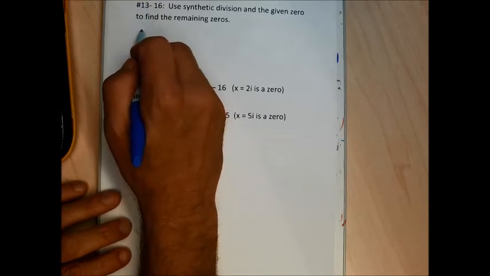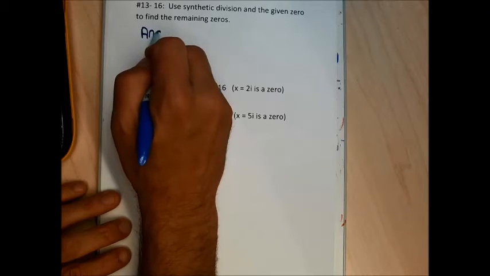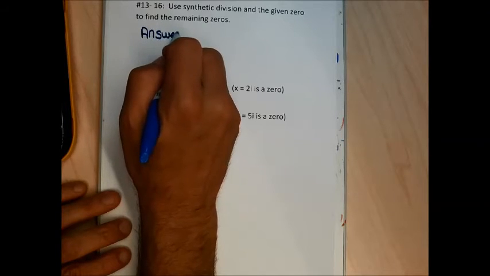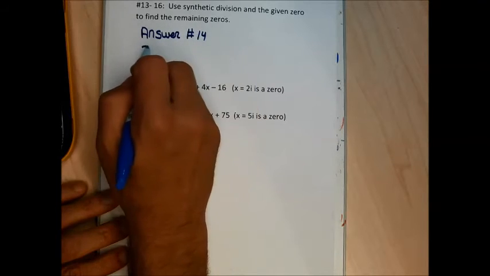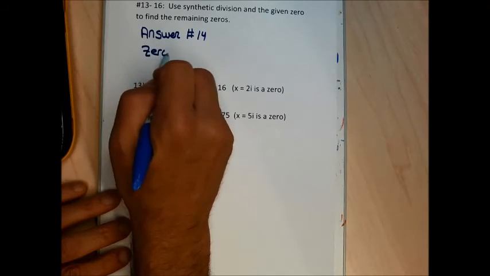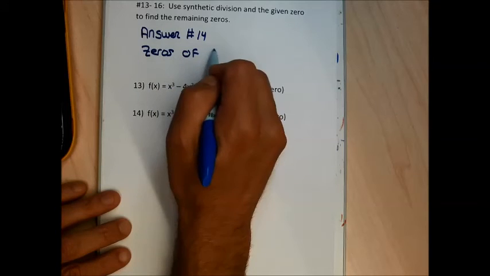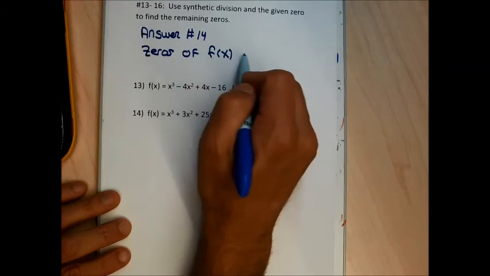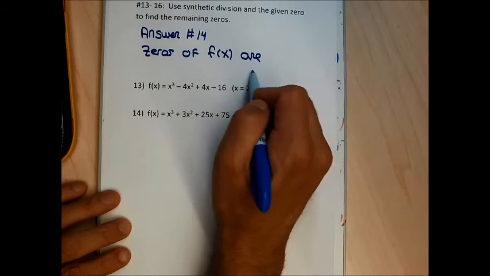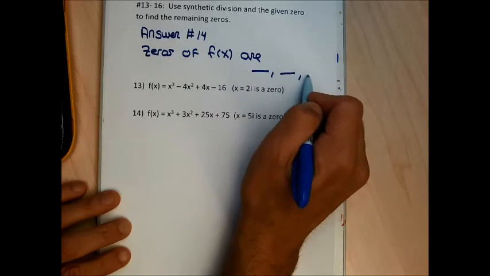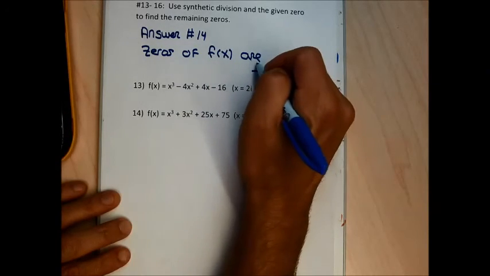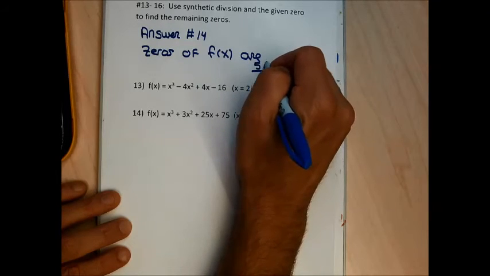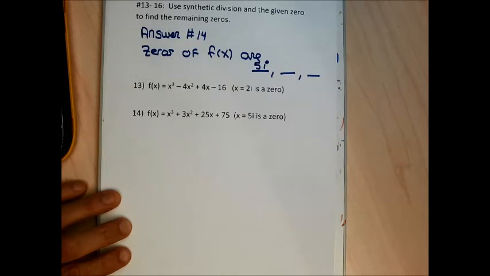So for my answer to problem 14, I'm going to say the zeros of my function are, and there need to be 3 of them because a third degree polynomial has 3 zeros. I was told that 5i was a 0, so that's one of the 3.